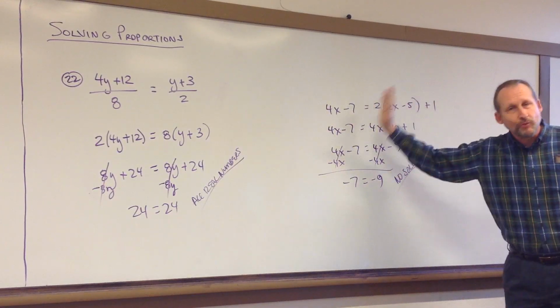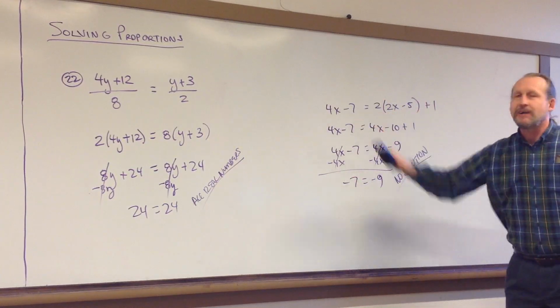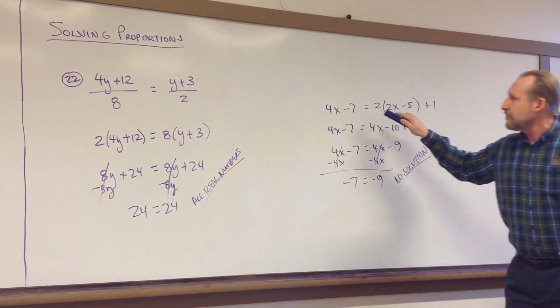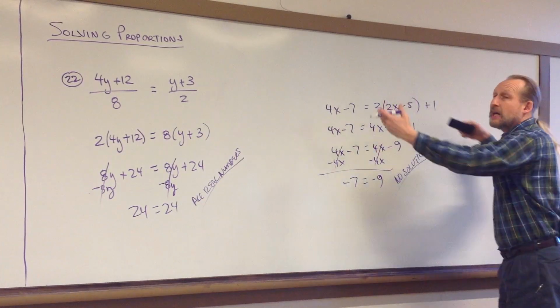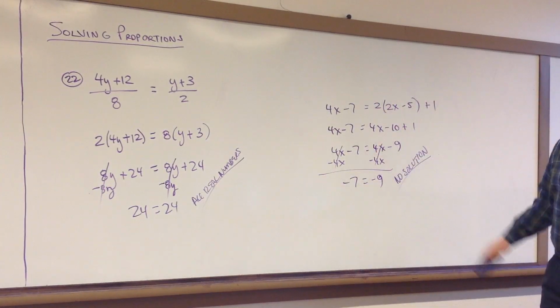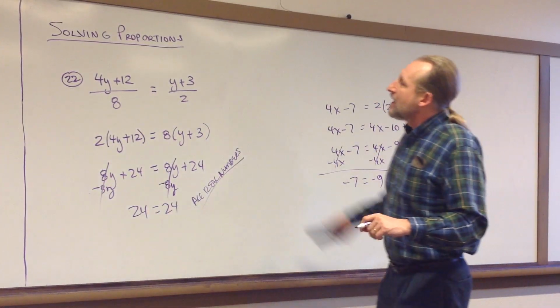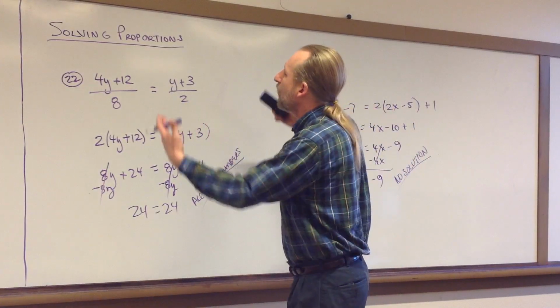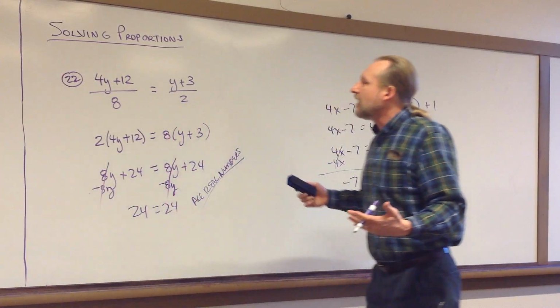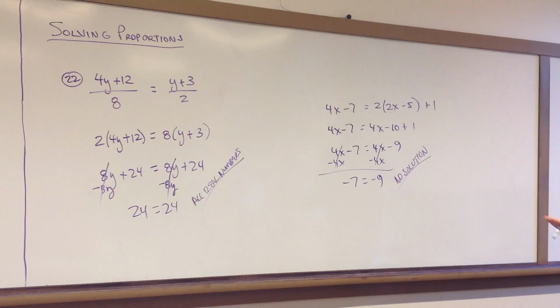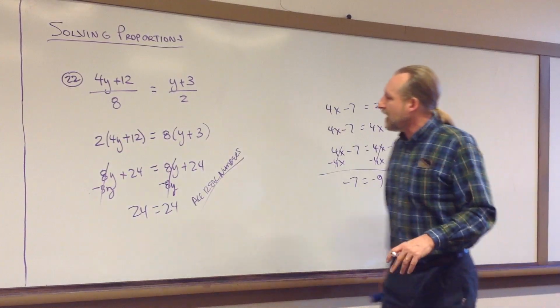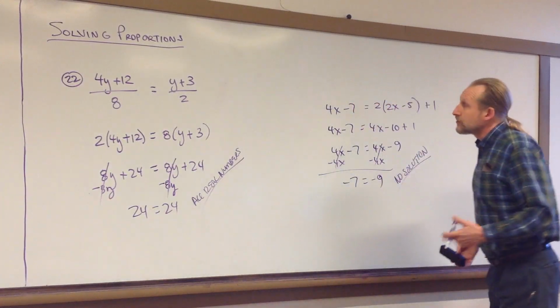In fact, this statement will never be true no matter what the value of x is. Whatever value of x you put in here, these two sides are never going to be equal to each other. So that's a no solution problem. And this one, no matter what value of x you put in there, they're always going to be the same, okay? So those are the two types of problems, all real numbers versus no solutions.